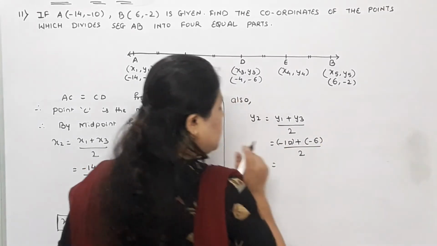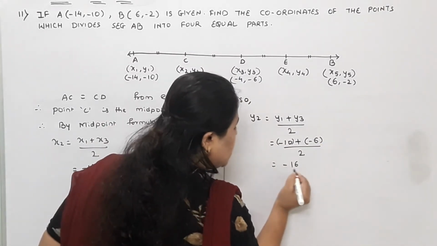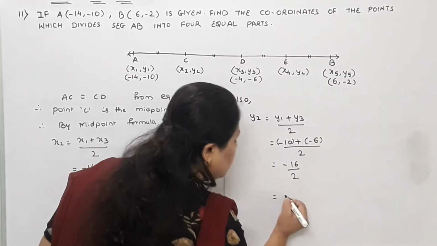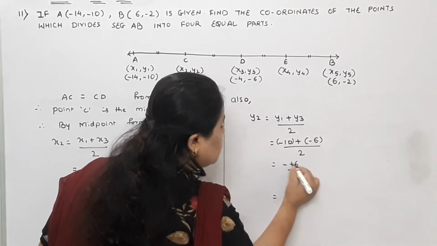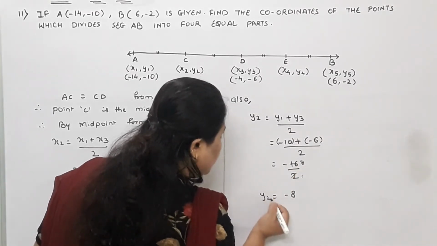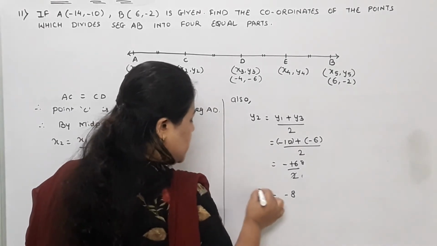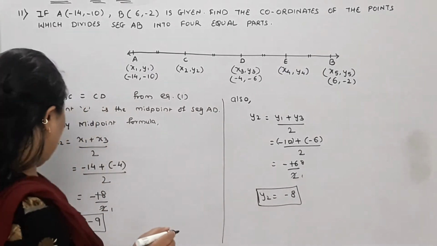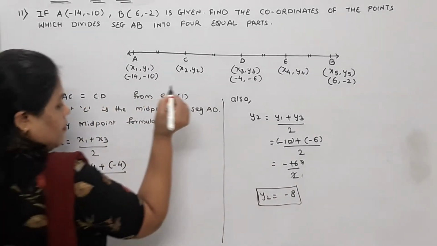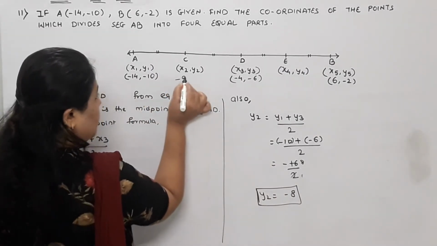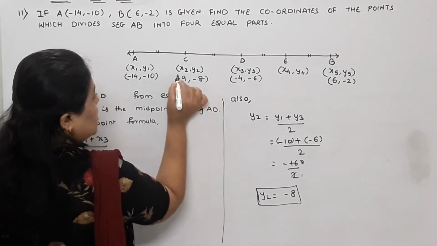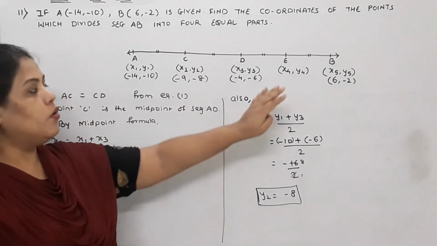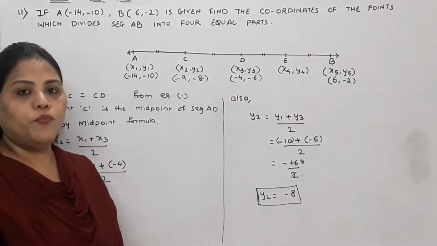So, minus 10 minus 6 will be minus 16 upon 2. That is equal to minus 8. 2 ones are 2, 2 eights are 16. So, y2 equals minus 8. Here we get the values of point C. The coordinates of point C are (-9, -8). Note down, then we will see the coordinates of point E.